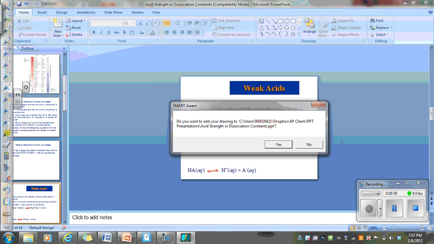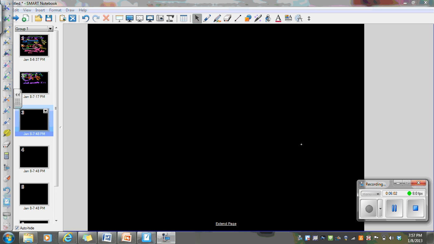Okay, so now I want to look at how this looks for a base. So I'm going to take a weak base. I don't like the way that the example we use just has B representing base, so I'm going to use an actual base.